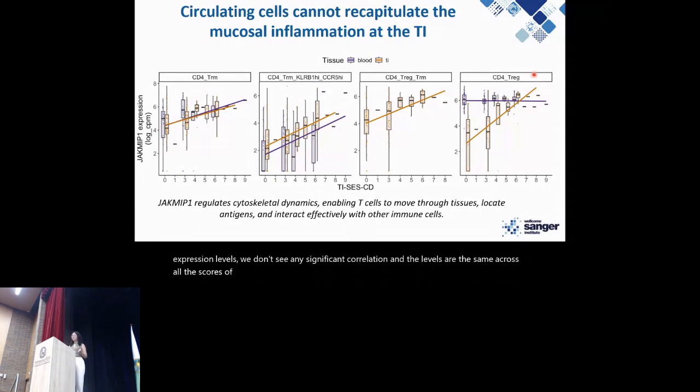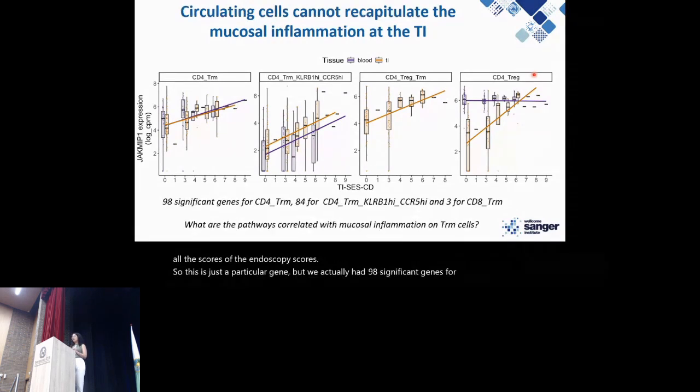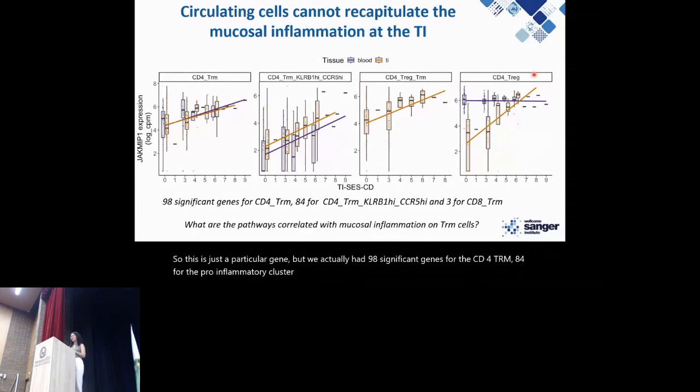So this is just a particular gene, but we actually had 98 significant genes for the CD4 TRMs, 84 for the pro-inflammatory cluster, and 3 for CD8 TRMs. So we wanted to be more systematic and look at what pathways are correlated with mucosal inflammation in both tissue TRMs, but also the XTRMs.